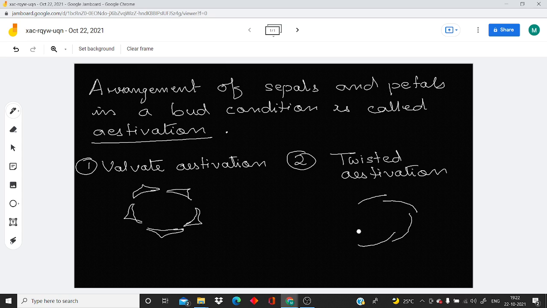All of you see carefully. This is twisted. In the picture, I think it is understandable. So one side of the petal is inside and the other is outside. So like this.